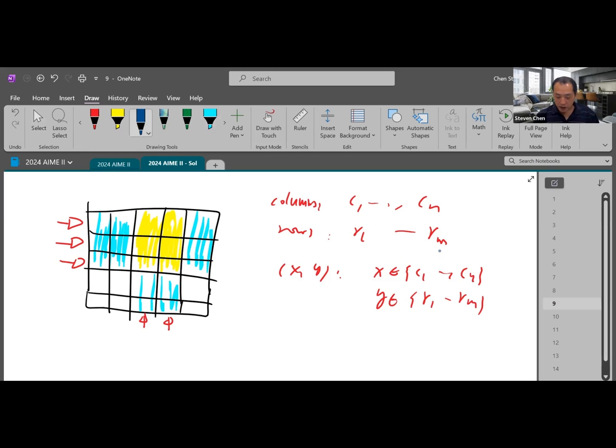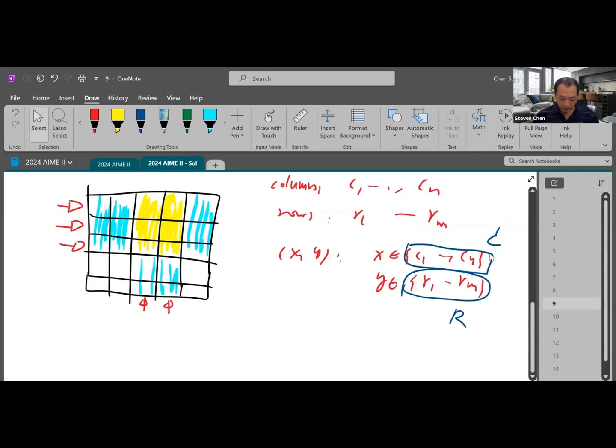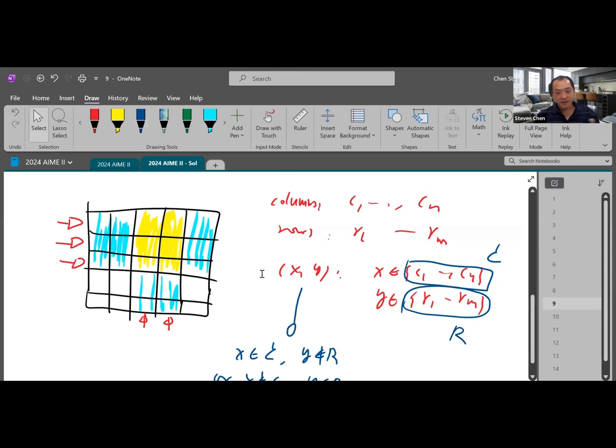For simplicity, let me denote the set of columns occupied by white to be big C, and the collection of rows occupied by white to be big R. For any coordinate xy such that x is in C and y is not in R, or x is not in C but y is in R, that corresponds to the blue region, right? I'm saying that the entire blue region must be empty.